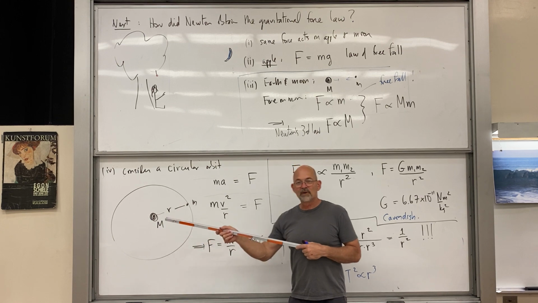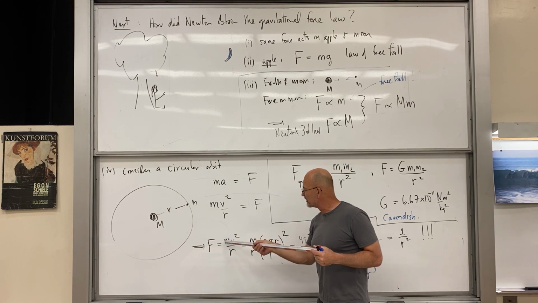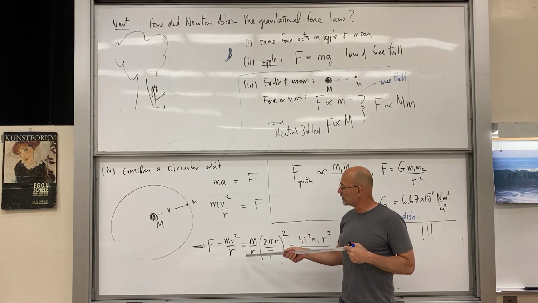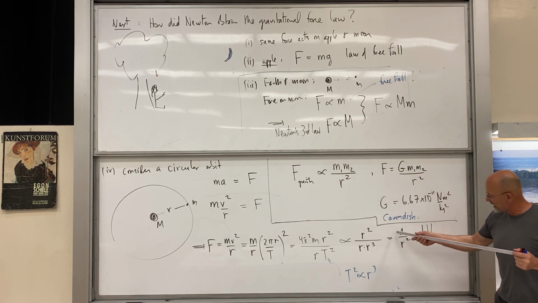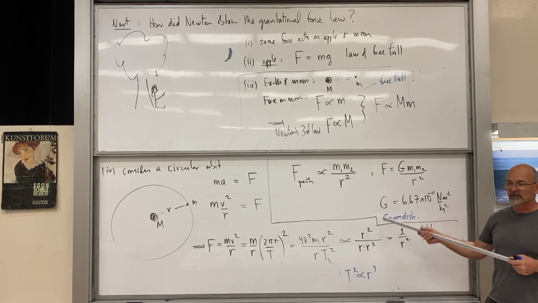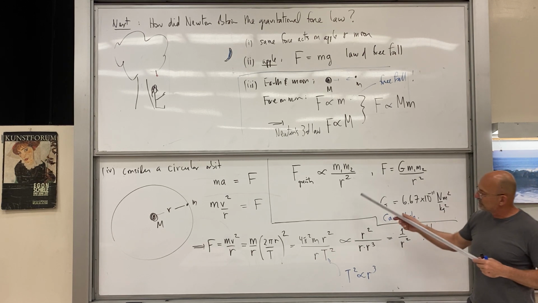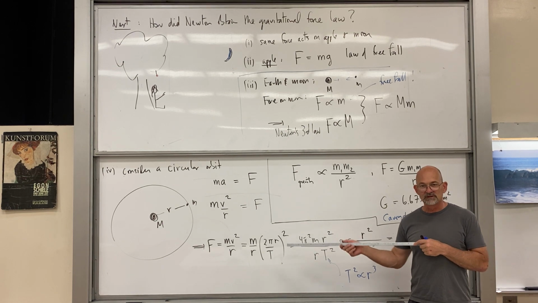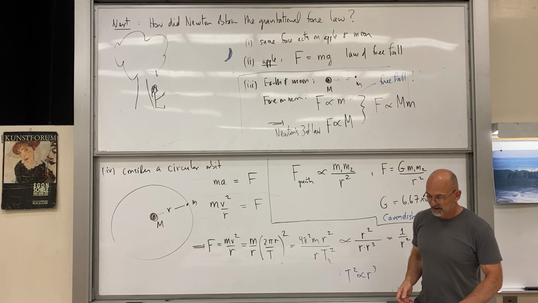Once we have the whole formalism in place, we can actually prove that an elliptical orbit will give us the very same thing, 1 over r squared. So we can prove that rigorously for ellipses, but right here, that's a simple argument just using circles. Okay. And I'm sure that Newton used the circle first, simply because it's the easiest way.